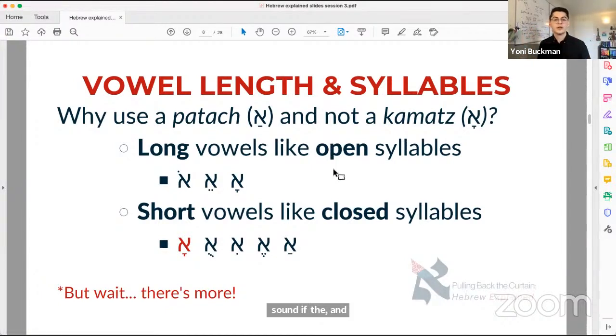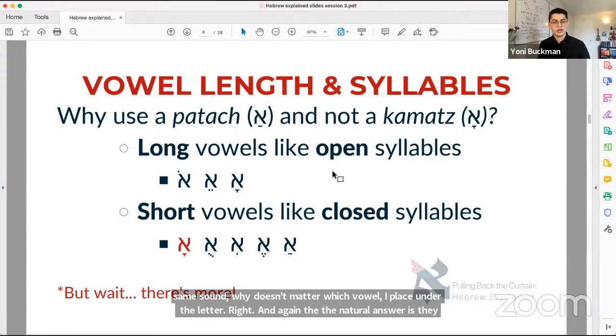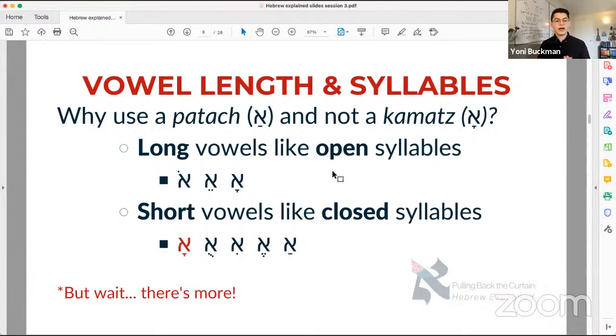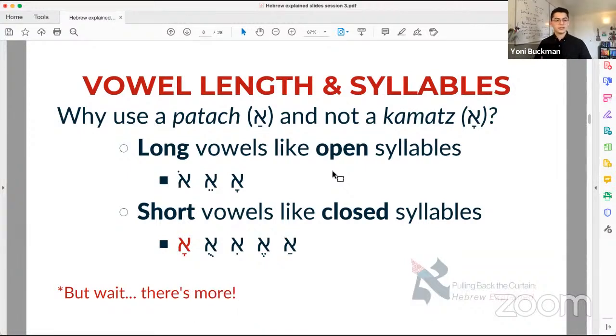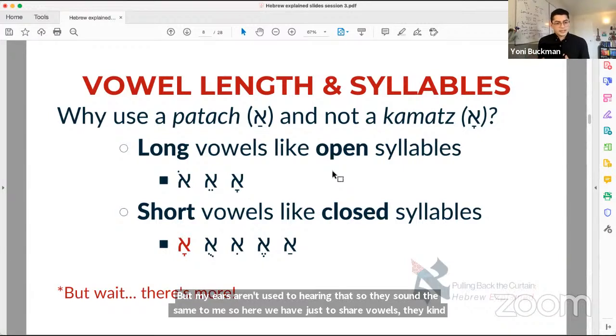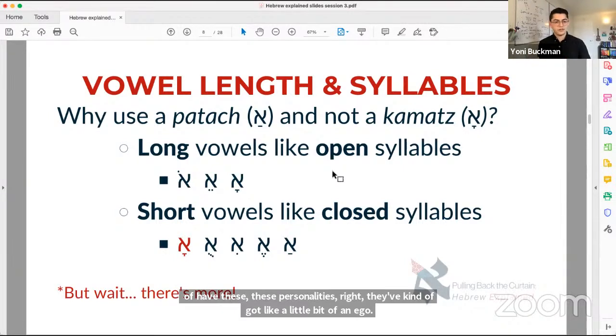So here we have, just to share, vowels, they kind of have these personalities, right? They've kind of got a little bit of an ego. The long vowels, these big, powerful vowels, like being in big, powerful syllables that end with a big, powerful sound. So the long vowels are happy in open syllables, and they get really offended in closed syllables, and they'll shrink down into a shorter version of itself if it's closed.